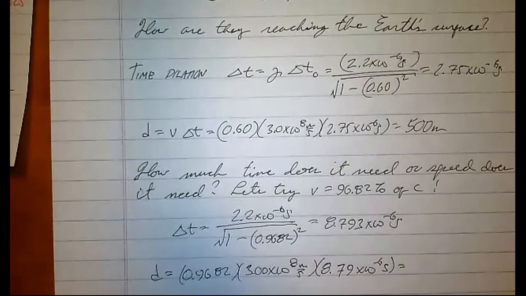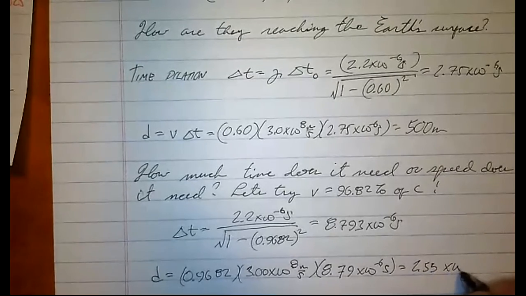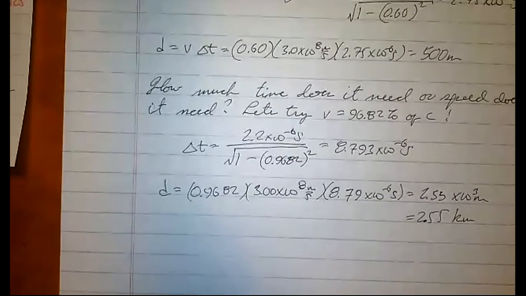And I get 0.9682 times 3 exponent 8 times 8.79 e to the negative 6. And that gives me 2.55 times 10 to the third meters, which is 2.55 kilometers. So that's more than enough.